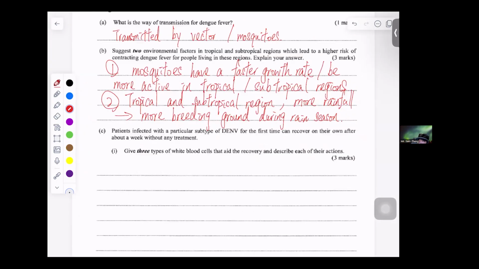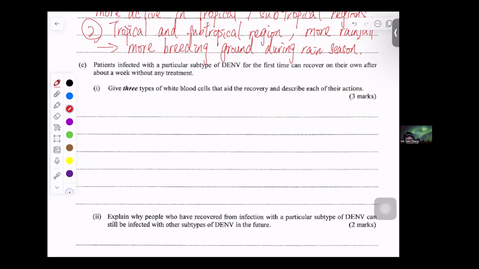Okay, now then, we will see that a patient infected with a particular subtype of dengue fever for the first time can recover on their own after a week without any treatment. So give three types of white blood cells that aid the recovery, and also describe each of their functions.